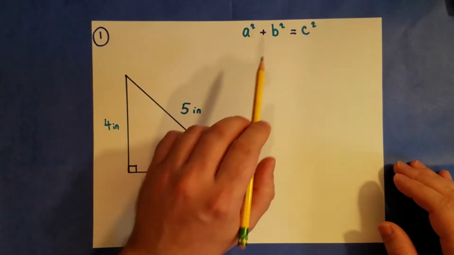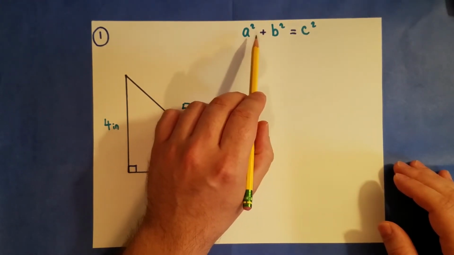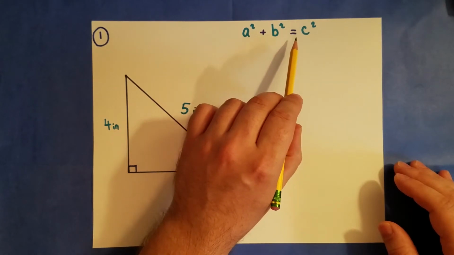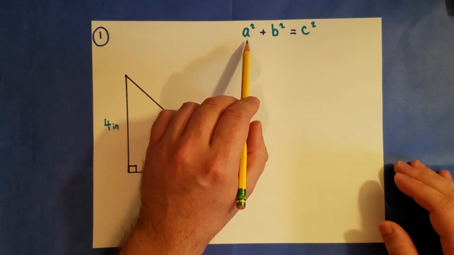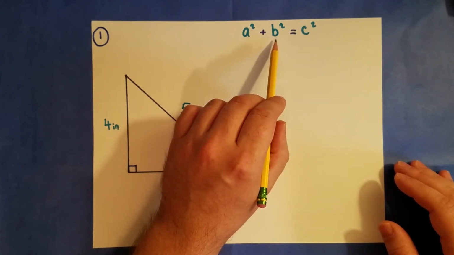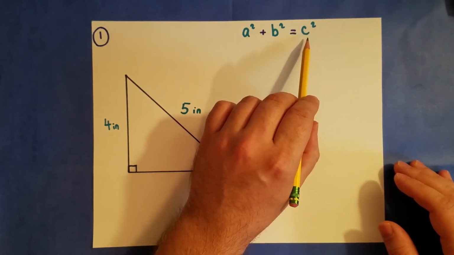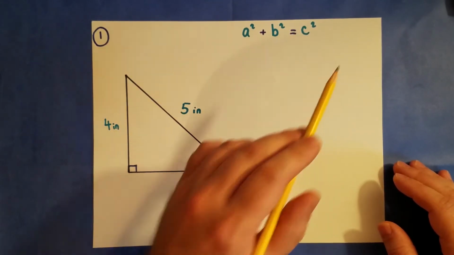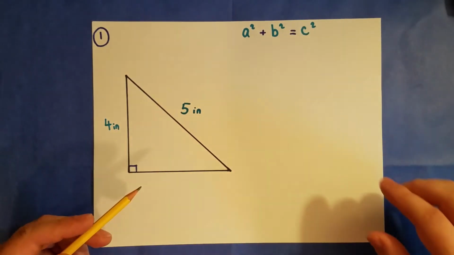They've also given us the formula for the Pythagorean theorem. A squared plus B squared equals C squared. That is, when I square leg 1 and I add it to the square of leg 2, it's going to give me that hypotenuse squared. So now let's determine what they've given us so we can use our formula.